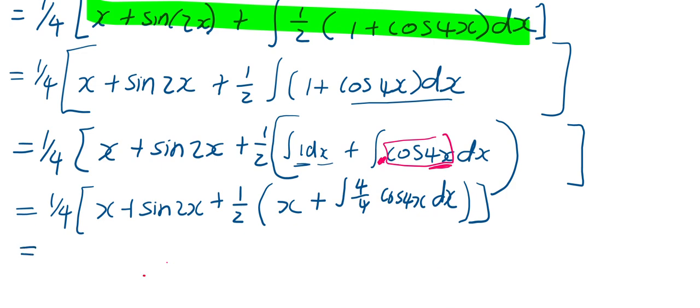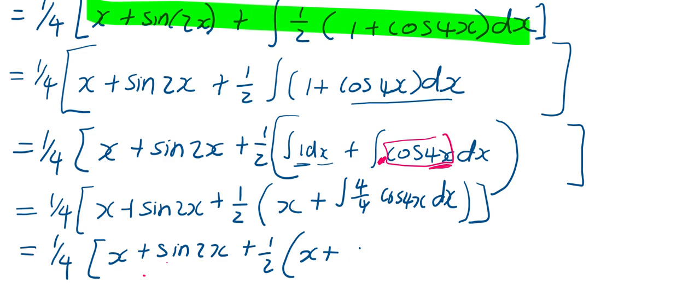So let me erase here so that we make more space. So this is then equal to 1/4 (x + sin 2x + 1/2), remember, x plus, remember that bracket covers everything, the integral of 1/4 times 4 cos 4x dx, covering everything for that 1/4.